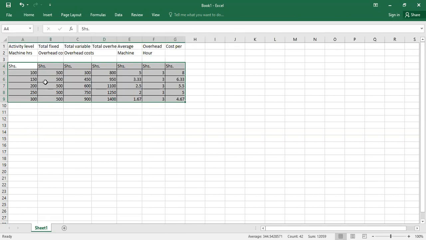So we are told when we produce 100, we are going to do it at an average cost of 5 shillings. If we do 300, we are going to do it at a cost of 1.67, right?